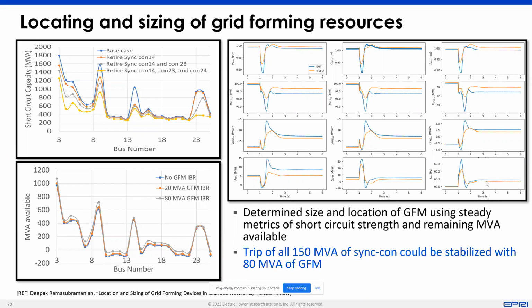So it's an initial planning process to look at the location and the size of grid forming that's needed. And in this example, we could replace 150 MVA of synchronous condensers with 80 MVA of grid forming inverters. So the size of the grid forming device needed to stabilize the network with the synchronous condenser retirement was much smaller than the MVA rating of the synchronous condenser itself.